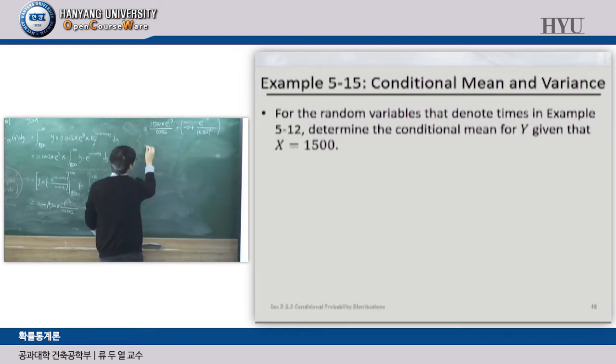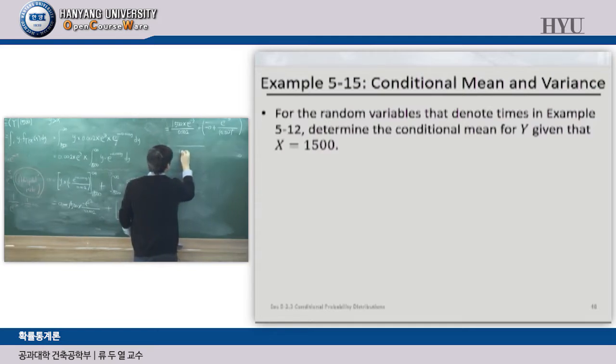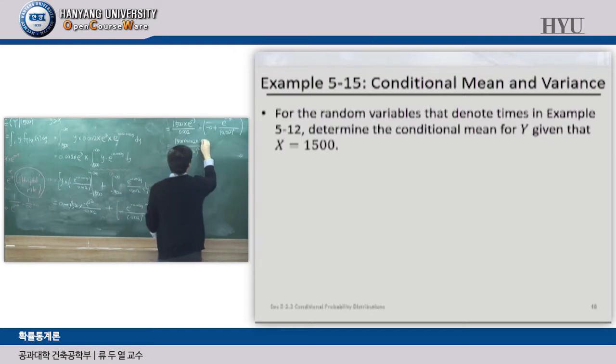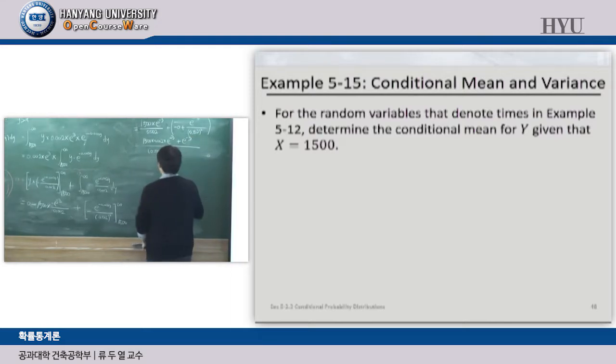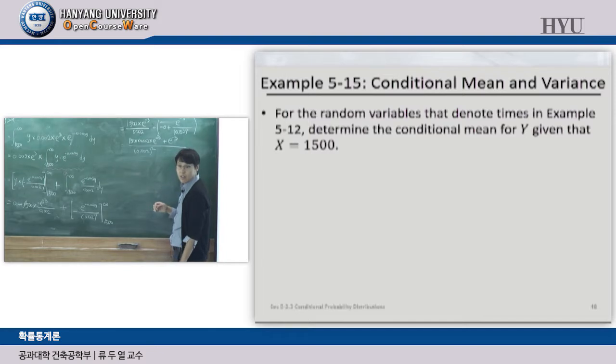And this is equal to 1500 times 2 times exponential minus 3 plus exponential minus 3, right? Okay?